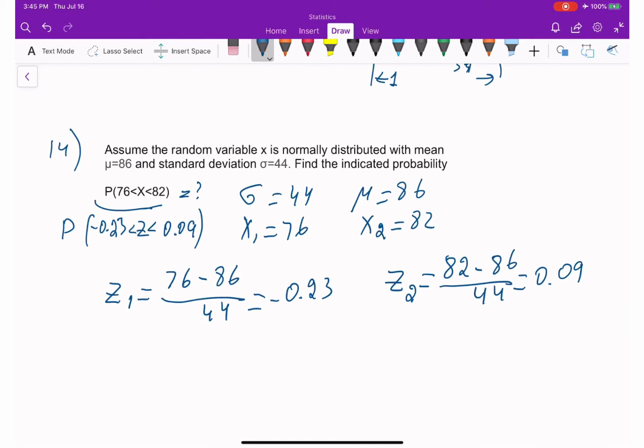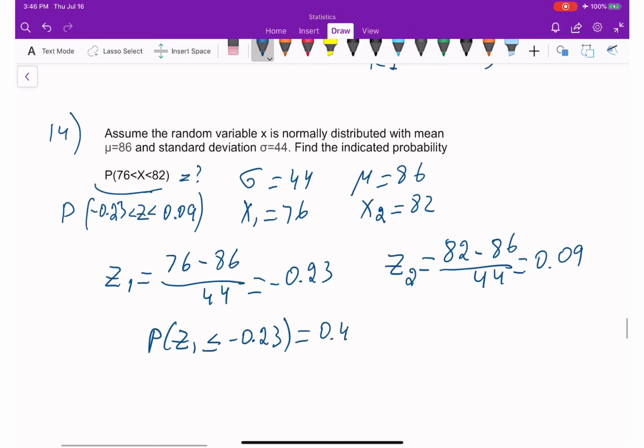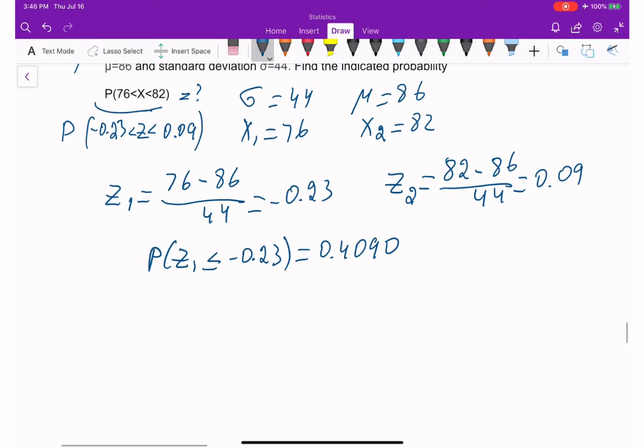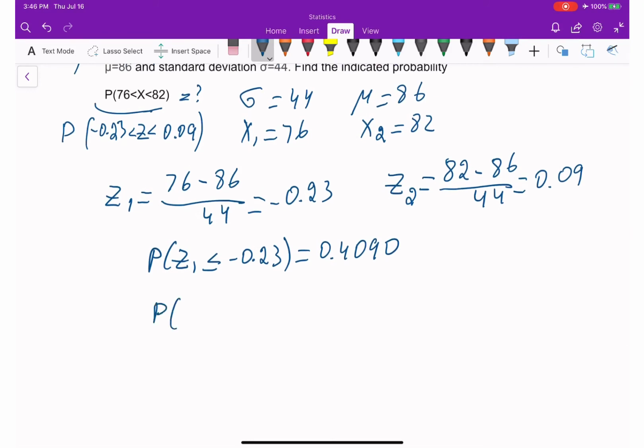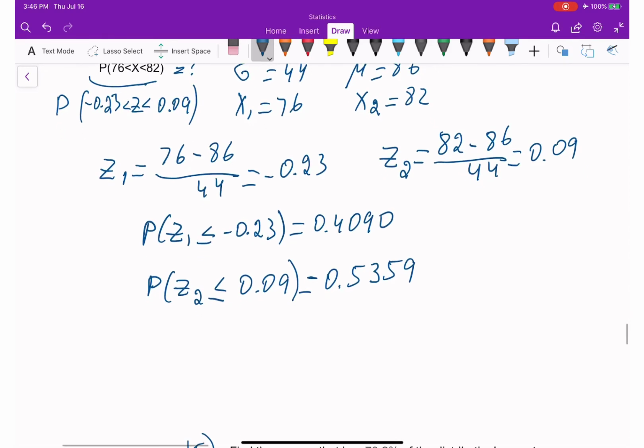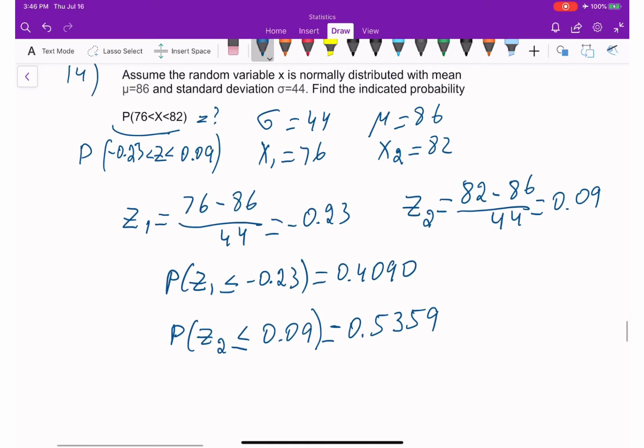All right, once we have the z-scores, we can find the probability. Probability of z-score less than or equal to negative 0.23, you can find 0.4090. Probability of z-score less than or equal to 0.09 is going to be 0.5359. Once we have these, we are going to subtract, because we need to find the shaded area between these two z-scores.